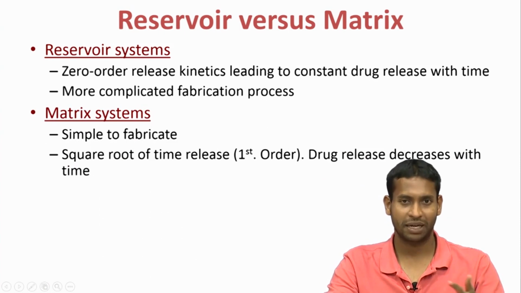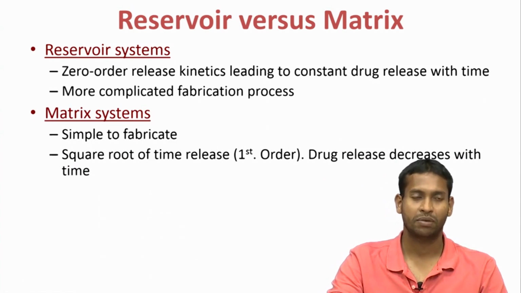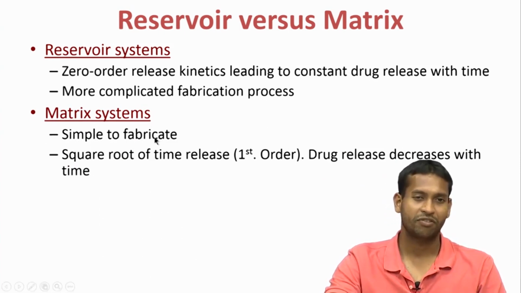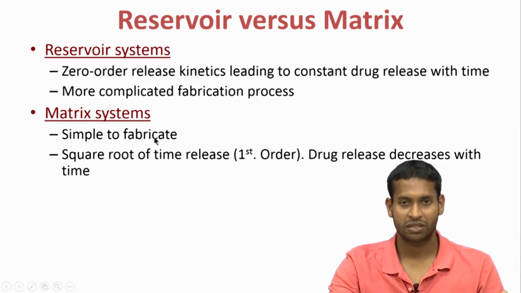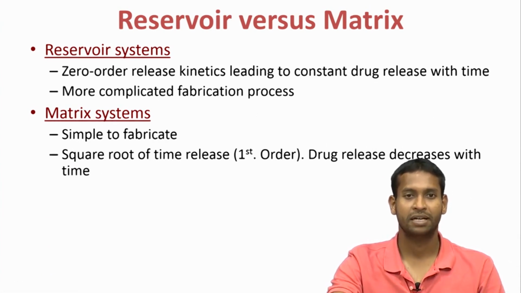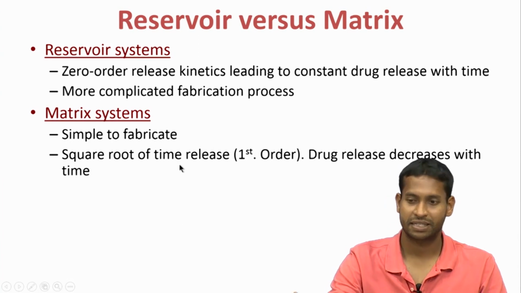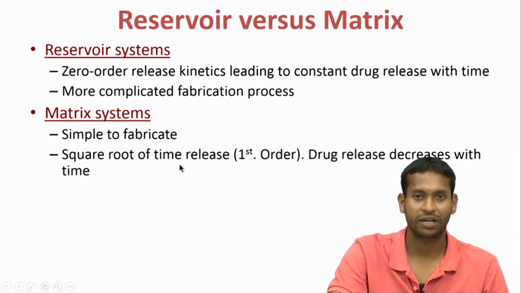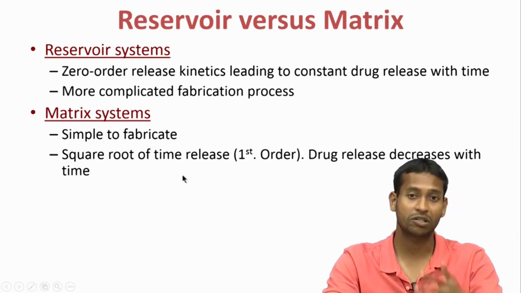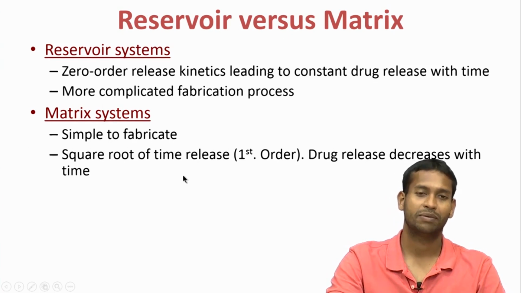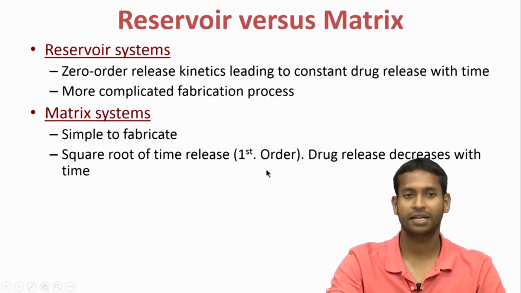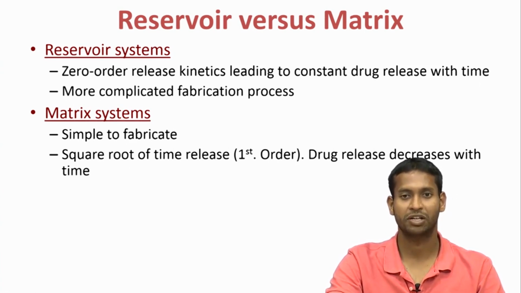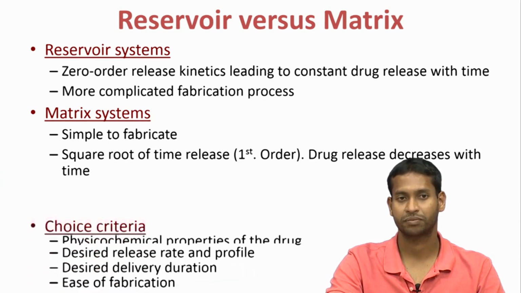In a matrix system, as I said, the fabrication methods are fairly easy, all you have to do is mix things together and polymerize. However, the release rates are typically not 0 order, the drug release decreases over time, mostly first order or higher order kinetics, and so it is very difficult to monitor what amount of drug may have been released in a system if a clinician has to look at that.